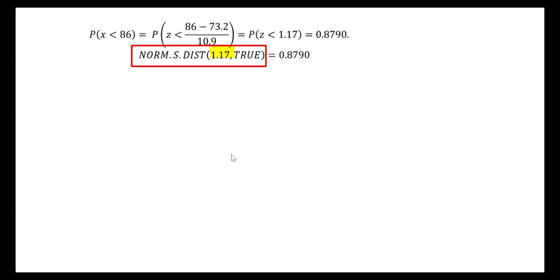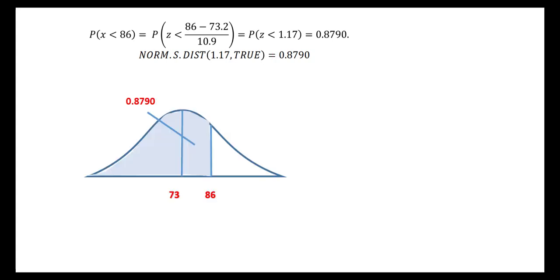It gives me the area below that z-score value, which is the same as what we got from the standard normal table. If we look at what we have in the curve, my mean is at the center. My value 86 is bigger than the mean, so I locate it to the right, and I'm interested in the area below that point, which translates to what we got from our standard normal table and from Excel.